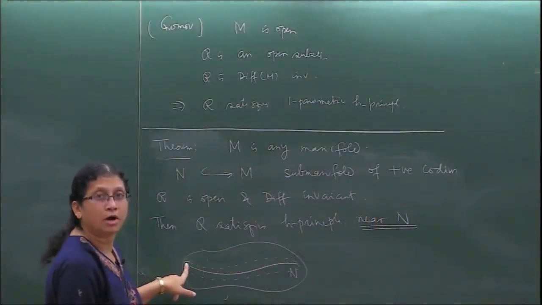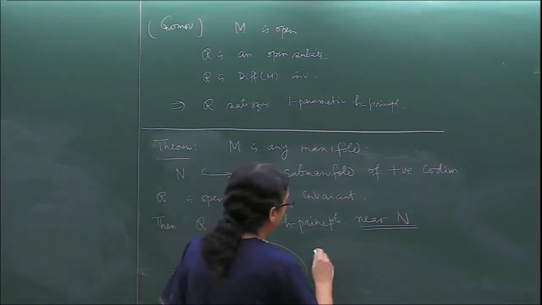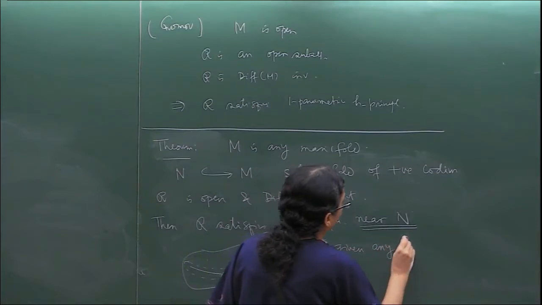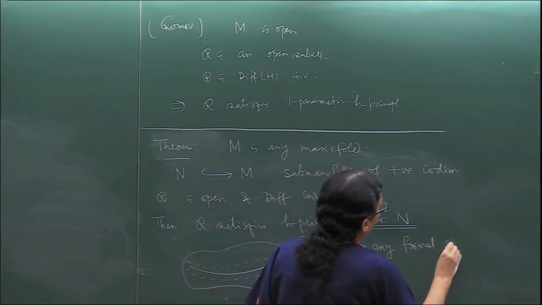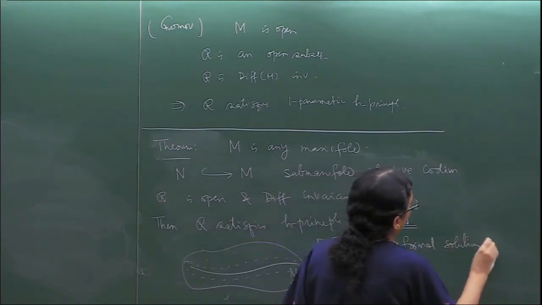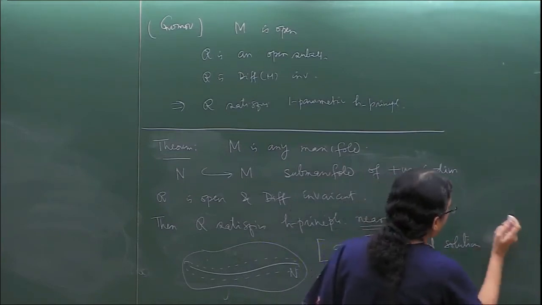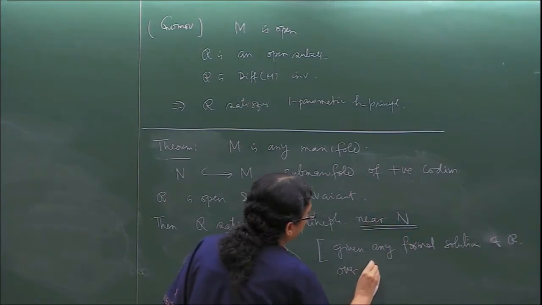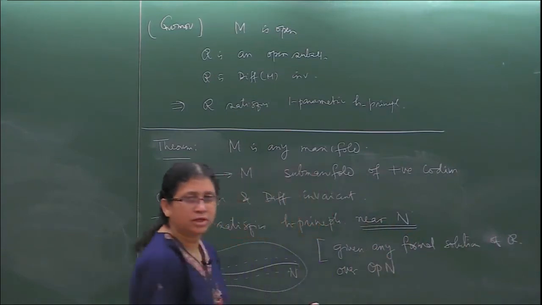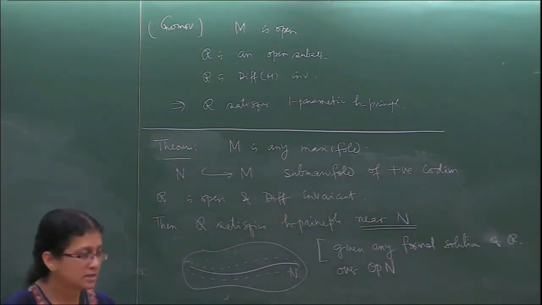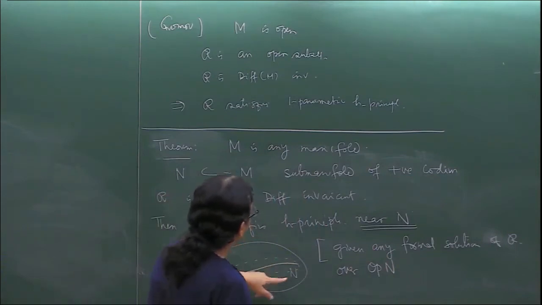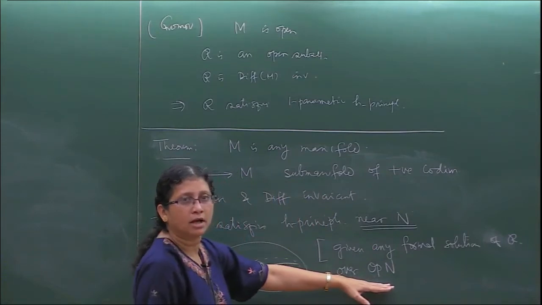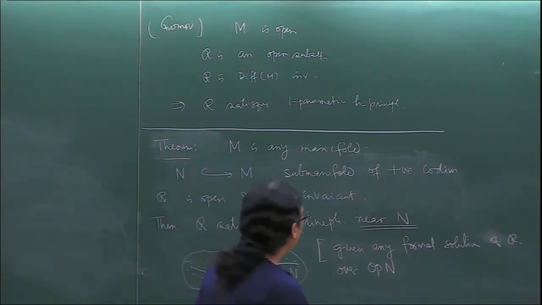a solution of R. So basically this means that given any formal solution of R over open N, so I don't need the whole thing. I just need a formal solution which is defined over some neighborhood of N. I will always write open N. I don't specify the neighborhood.